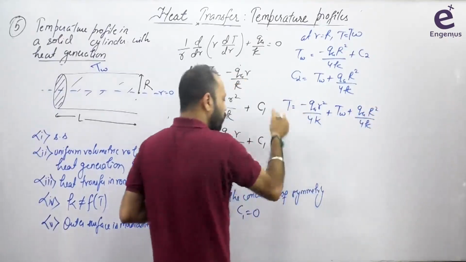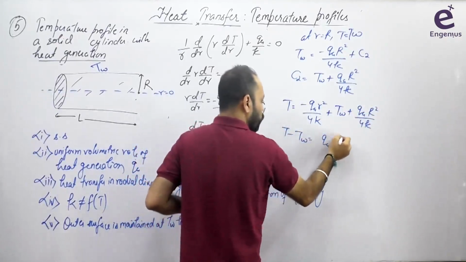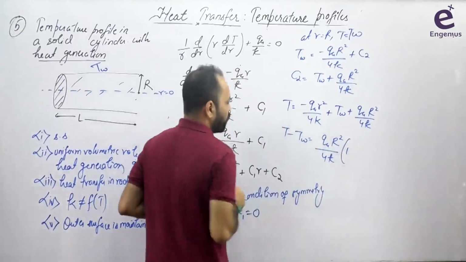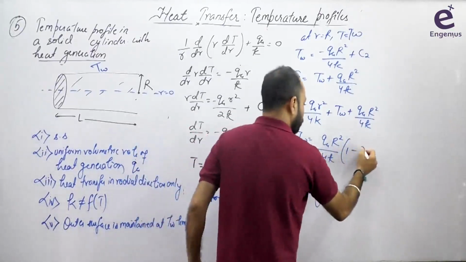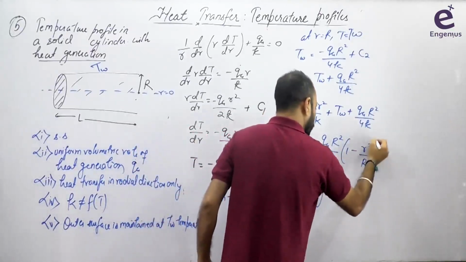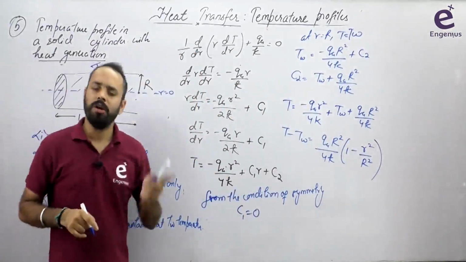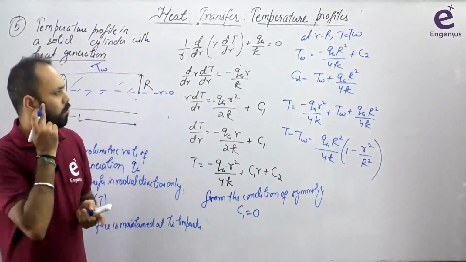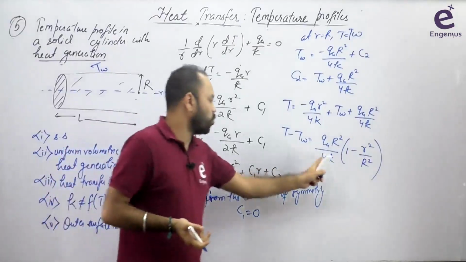You have this equation as T minus TW is equal to QG R square by 4K into 1 minus R square by capital R square. If you compare this equation and the equation that we got in case of solid slab with heat generation, it is exactly same, बस 2K की जगह 4K आ गया.